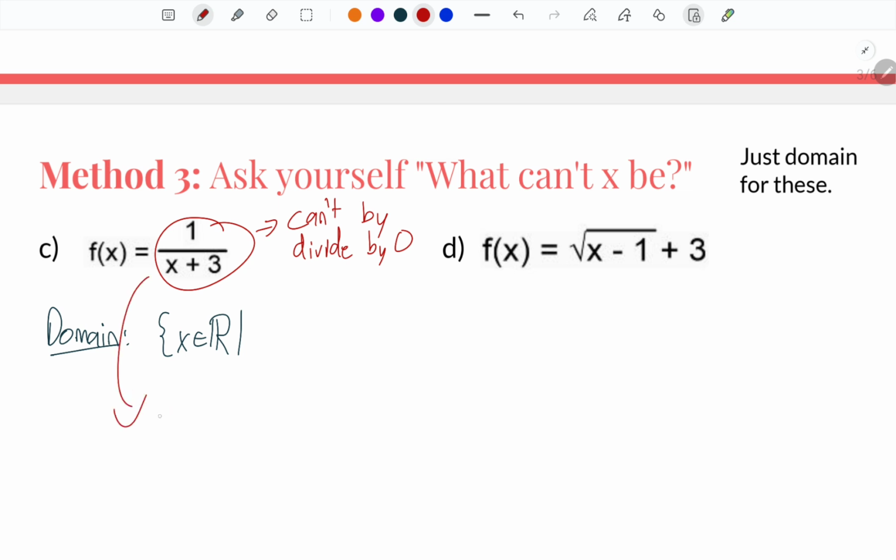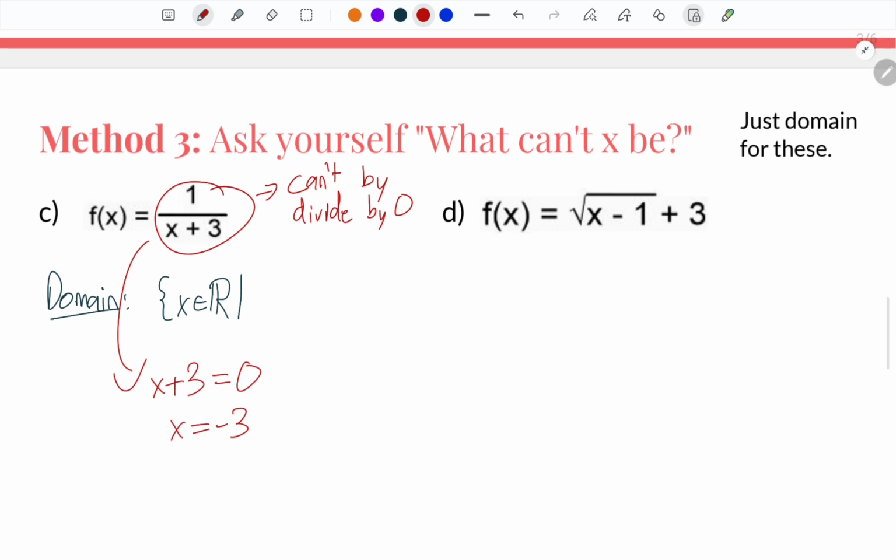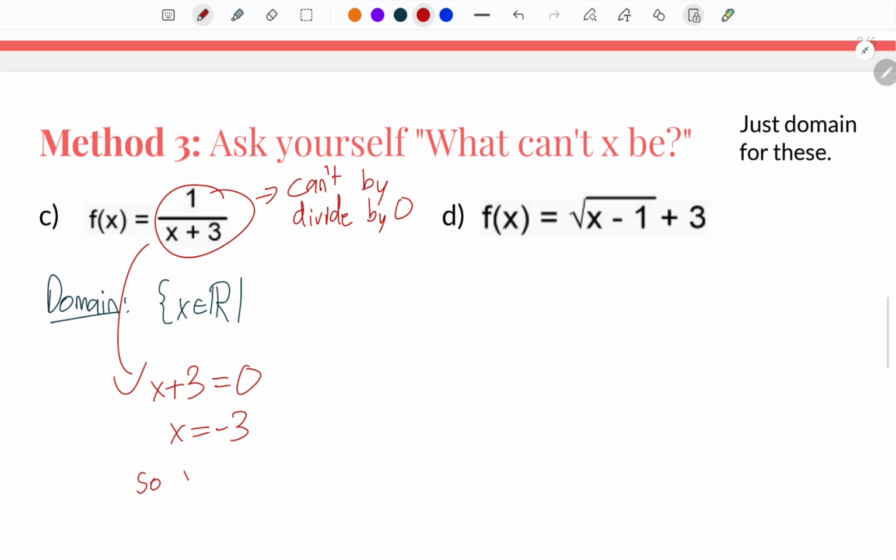Well, just set the bottom equal to 0. x plus 3. If you rearrange for x, that means x would be negative 3. So if x were to be negative 3, you would get 1 divided by 0. But we cannot calculate 1 divided by 0. So what we need to do is basically make sure that x cannot be negative 3. We don't want to plug that in.